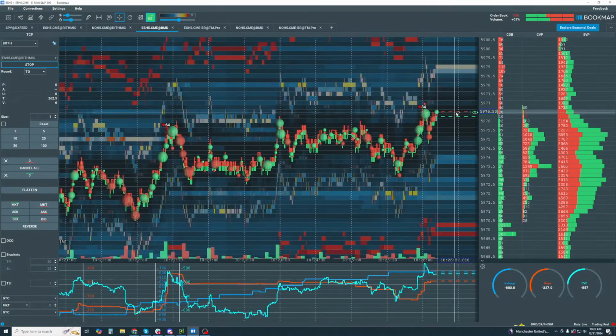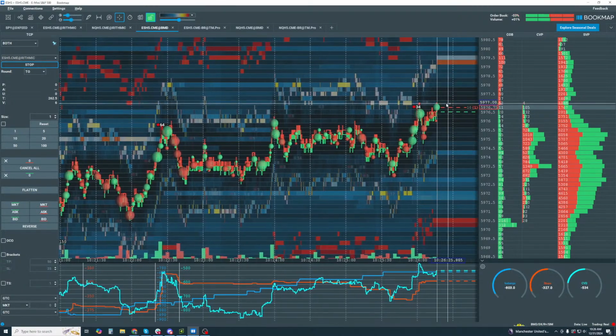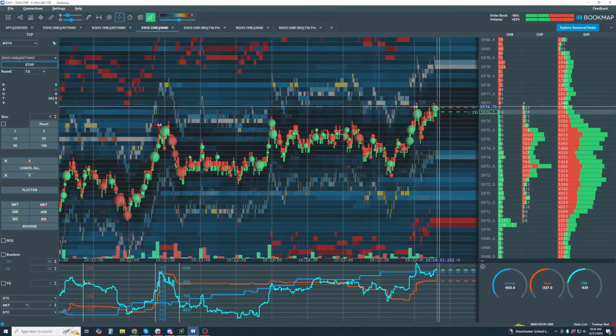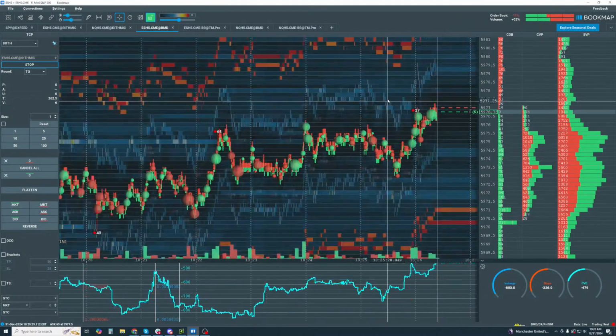Okay, and let's see a bit more in here. Still looking, I still think there's some juice in here. I just don't want to buy at these highs. I think it's going higher though, 80.